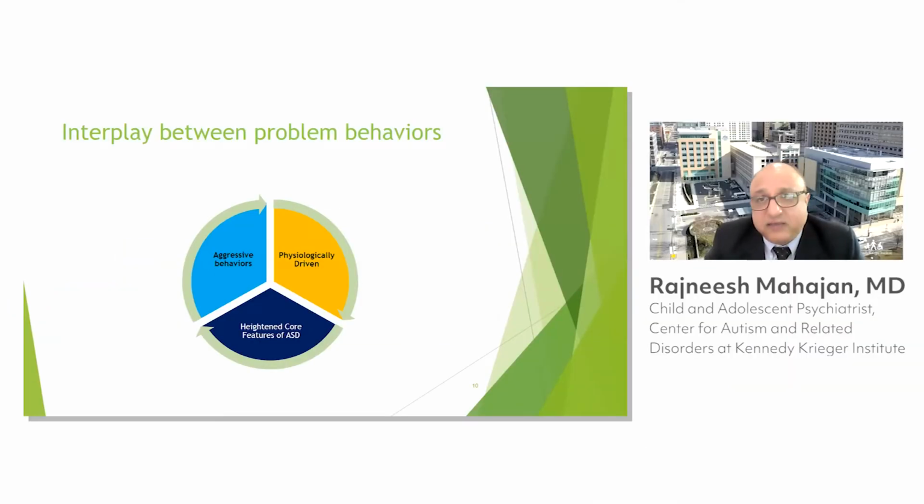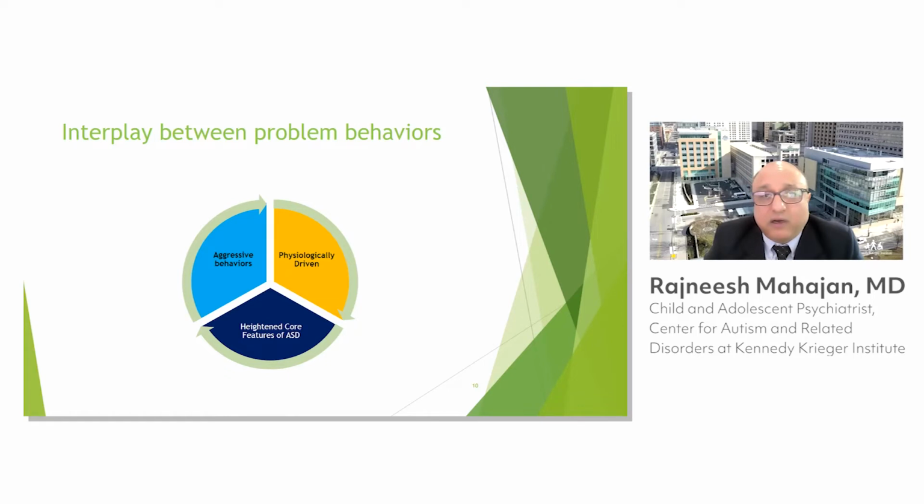The thing to understand here is that these behaviors can have an impact on each other. So heightened core features of autism spectrum disorder can worsen aggressive behaviors, especially when, for example, somebody tries to stop the child from engaging in those behaviors, even if the behaviors are affecting the functioning of the child.